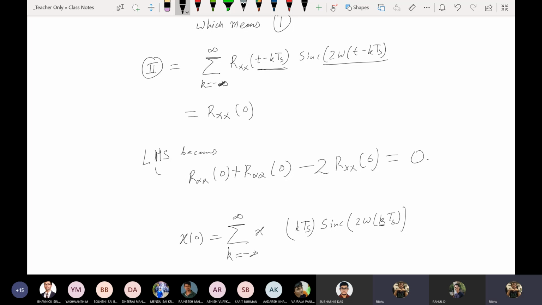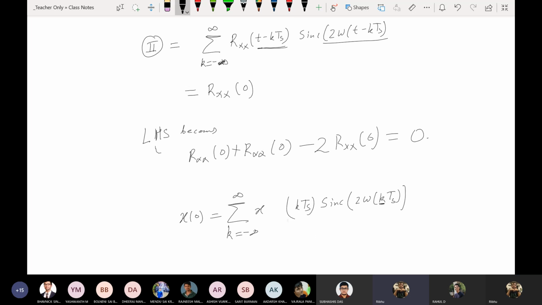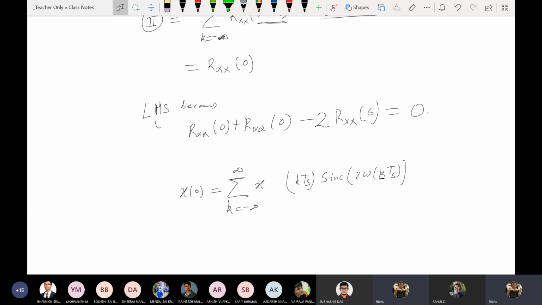You get the point? Because had this been Rxx(kTs), then it would have been the reconstruction of those samples. But here what I'm doing is subtracting this t on either side, so you can as well assume this t to be 0. And thankfully the autocorrelation function is even. So that's why we skipped these steps. Okay. Fine.